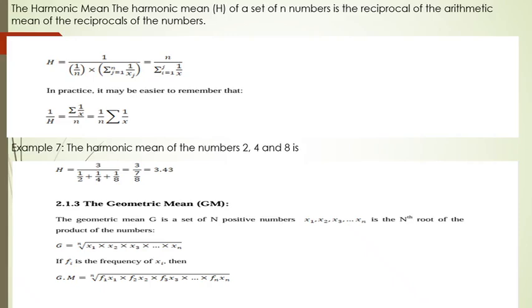So we sum all these together, and we sum all our weights together and divide by summation of wi over xi, instead of using n all over summation of 1 over xi. For the weighted one, we use summation of wi all over summation of wi over xi.